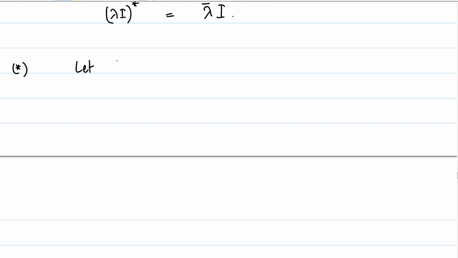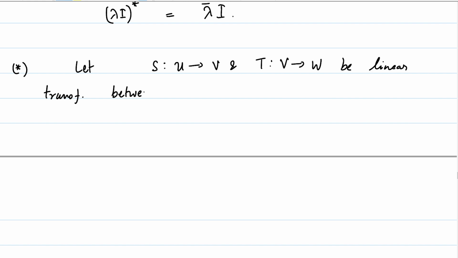Okay, let S be a map from U to V and T be a map from V to W, be linear transformations between finite dimensional inner product spaces. So I've used quite a few abbreviations here. They are quite straightforward.